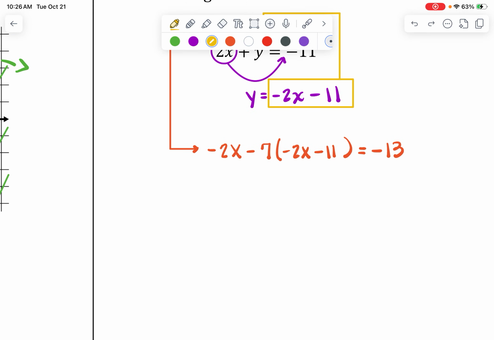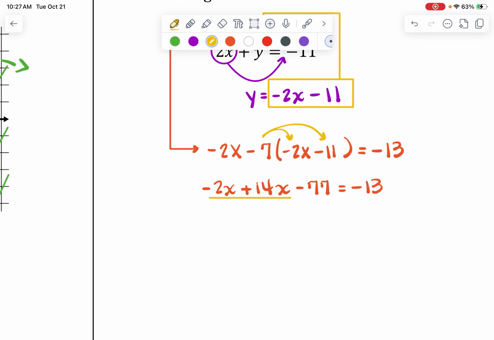So we're going to do the same 3 steps that we always do. You have to distribute to get rid of parentheses. I'm going to bring down my little -2x hanging out in the front. -7 times -2 is positive 14x. And -7 times -11 is -77. So we've distributed. Now we need to combine like terms, which we definitely have.